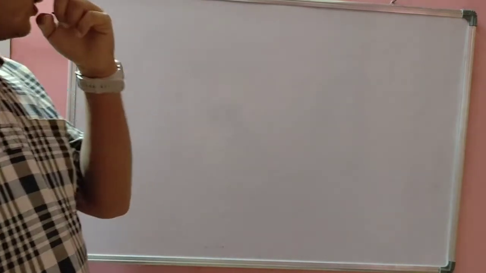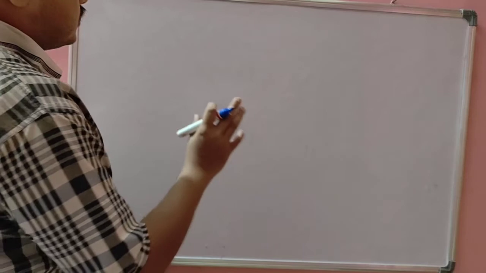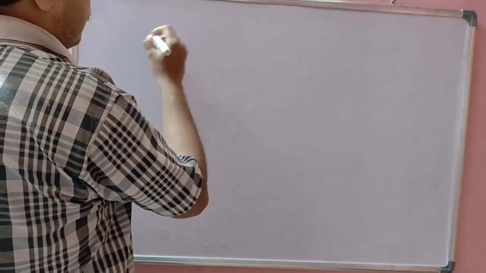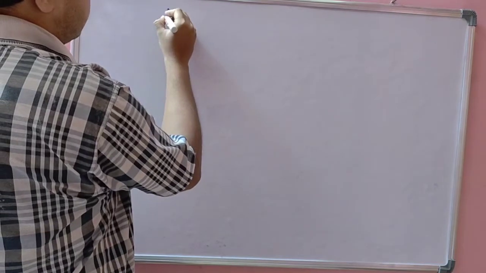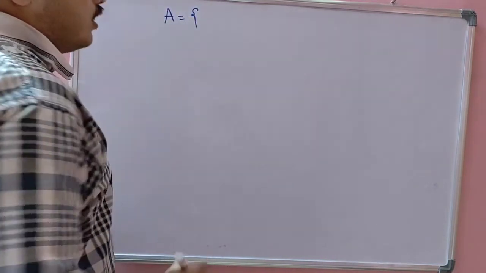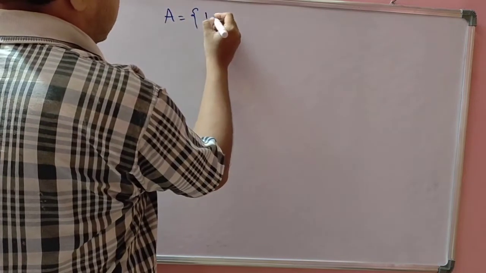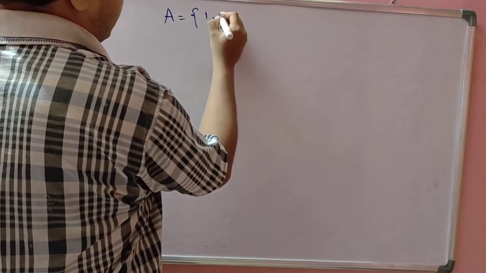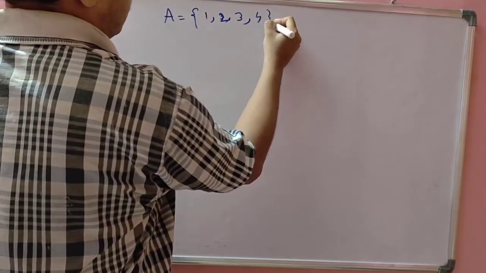So now let's talk about some notations. If any element belongs to a set, then we say that, suppose we take a set A, which is all natural numbers less than 5. So it's 1, 2, 3, 4.